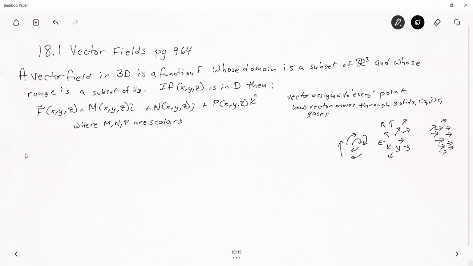Okay, so in 2 dimensions, our F of x, y would be given by M of x, y i hat plus N of x, y j hat.